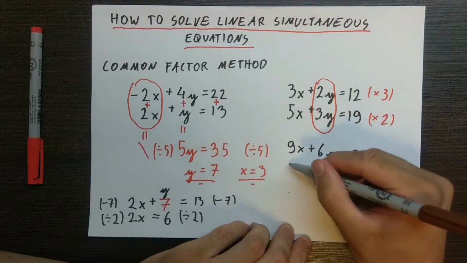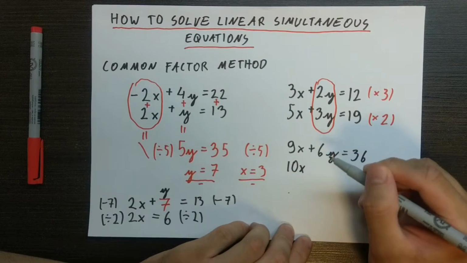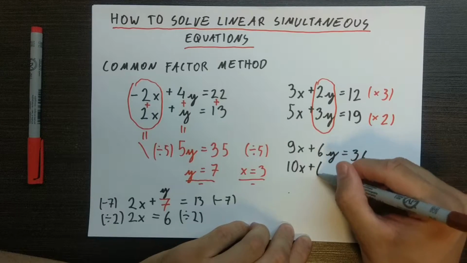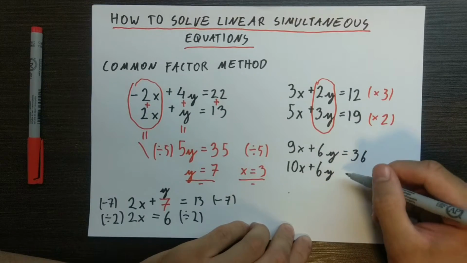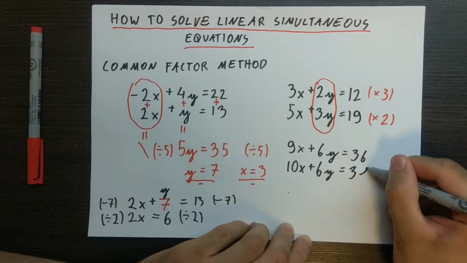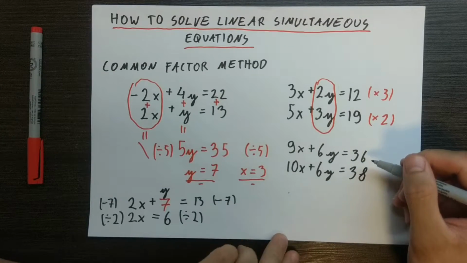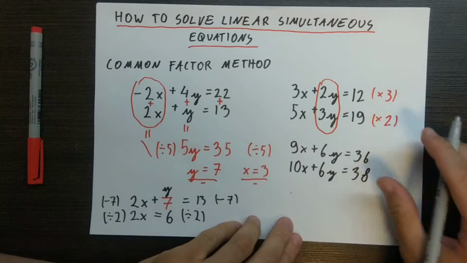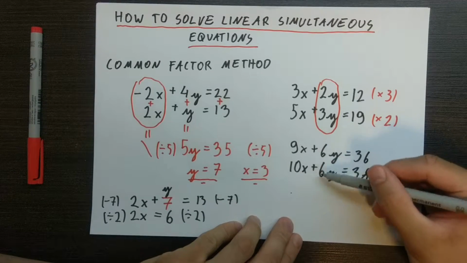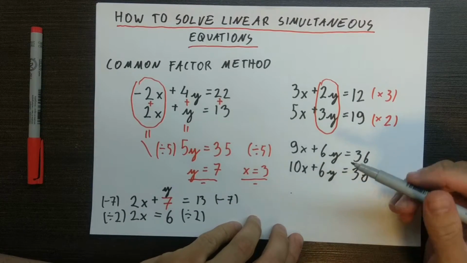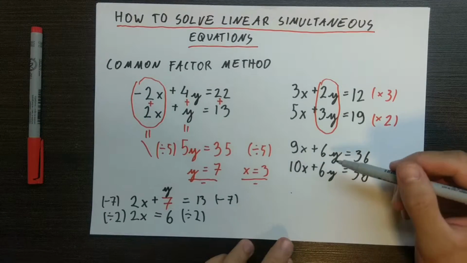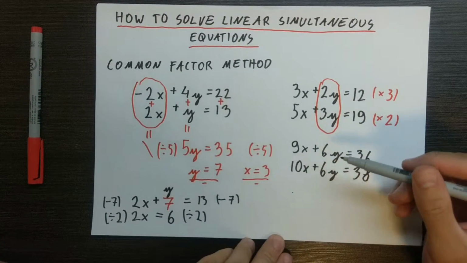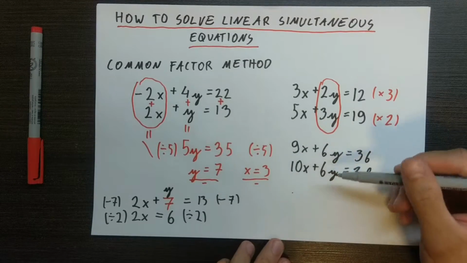So here we have 10x plus 6y again, 3 times 2, and here we have 38. And now, because we have 2 positive 6y's, we need to subtract, we need to take away. Because both of these y's are positive, in order to get 0, we need to subtract.